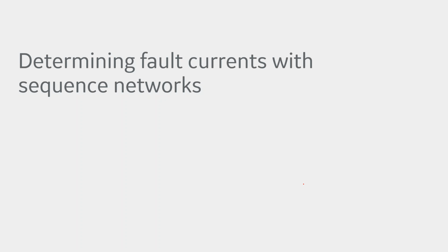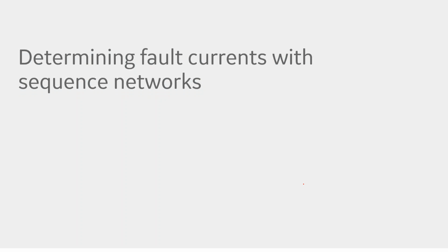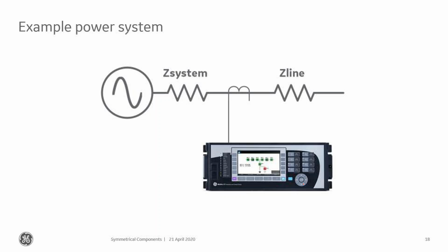So let's look at an example system. In this scenario, this is our example system. I've got a relay and this is a metering point. It's always important to show where I'm metering, right? And I'm metering current quantities there. I didn't show it, but I probably also meter voltage.